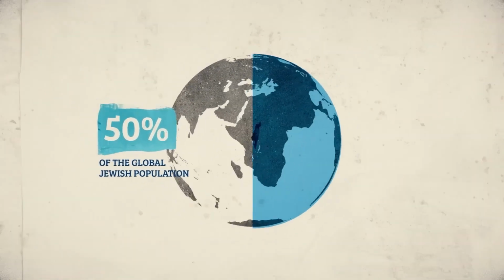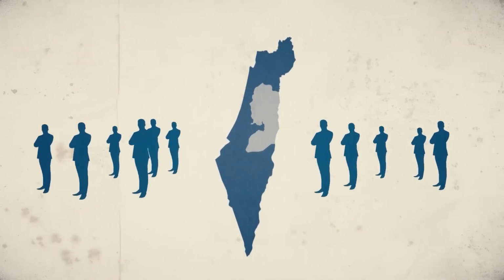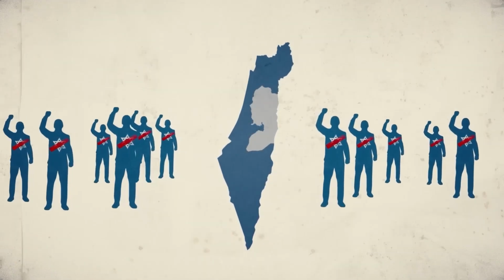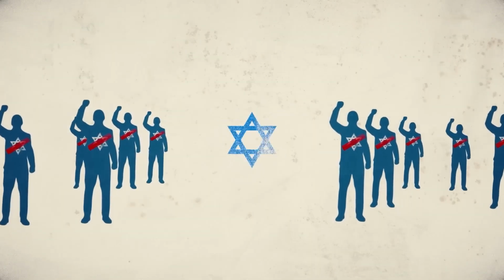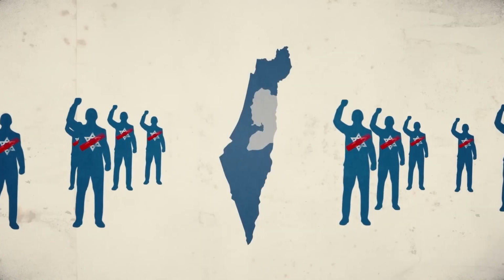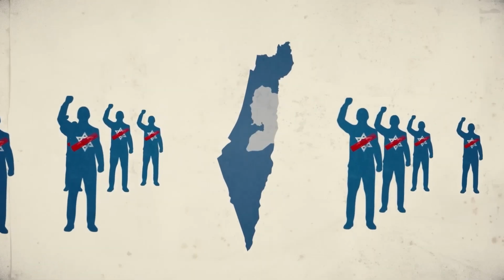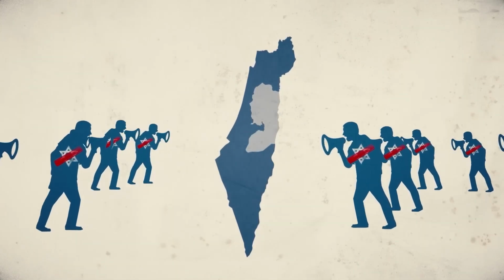Having that many of them in one place is naturally going to draw the anger and attention of the millions of people who despise Jews and want them to disappear. For this reason, anti-Semites are obsessed with Israel, and it's one of the biggest excuses they use to rationalize their prejudice. In many places, it's not respectable to openly hate Jews, but it is respectable to criticize the Jewish state. And so bigots will say their problem is with Israel, when their real problem is with Jews.